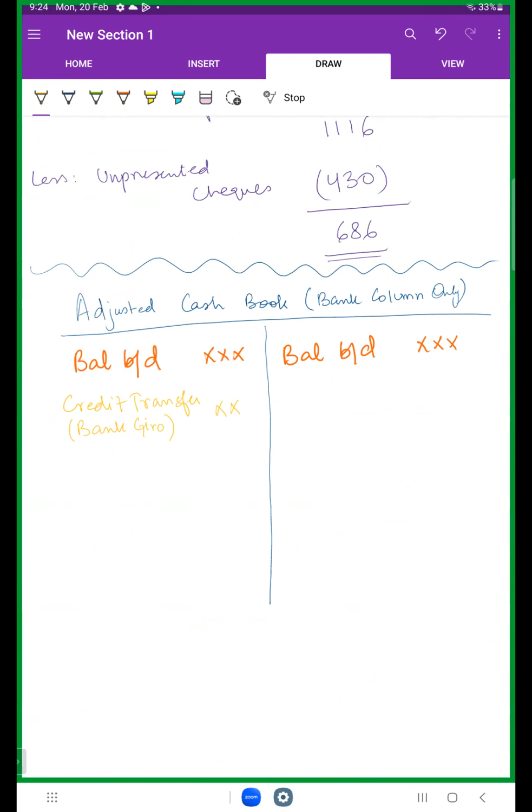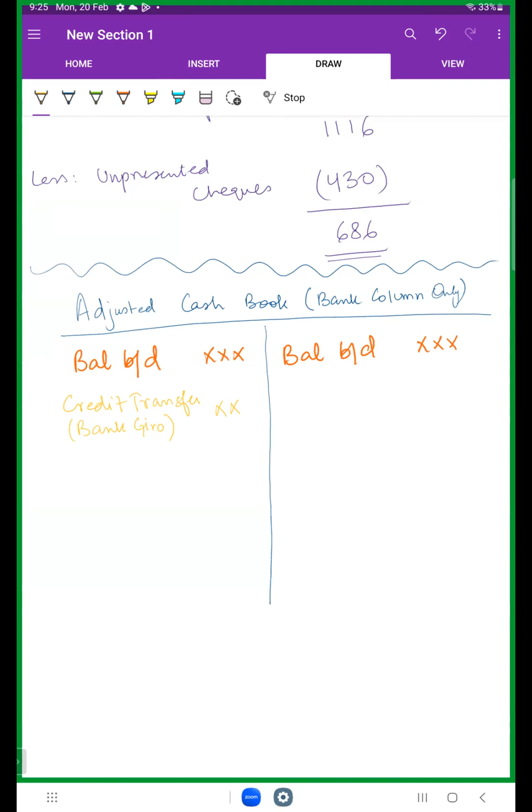What does credit transfer mean? Credit transfer: if someone transfers a certain amount of money directly into the bank, the bank immediately takes into consideration that we have received this amount. But the business records this once they receive the bank statement.